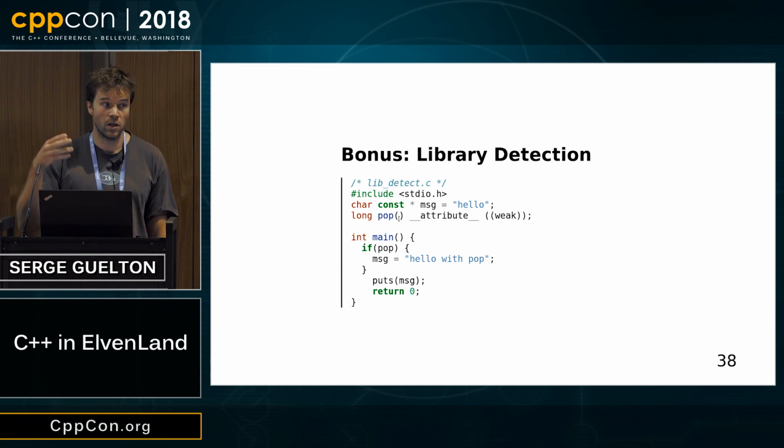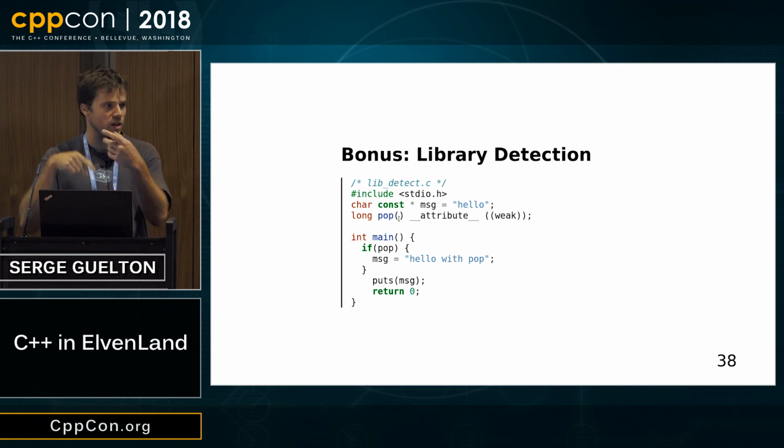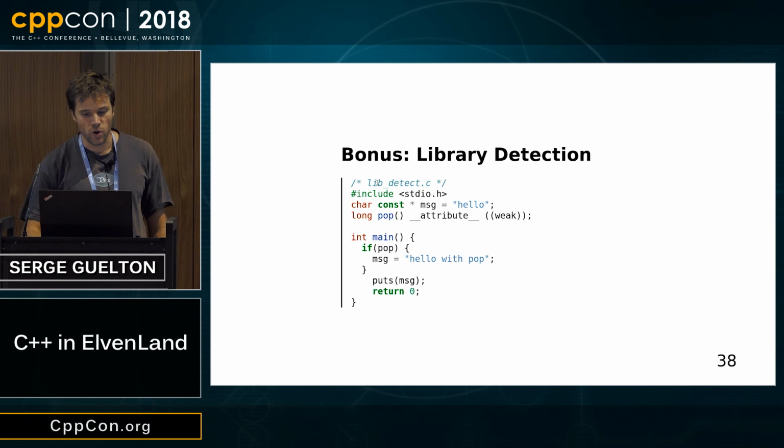Maybe I'm linking with a threading library, and in that case I need to be more careful. But if I don't link with a thread library, I don't need to be careful, so I can do different stuff. So this is a way to detect whether your code is linked with a dedicated library or not.